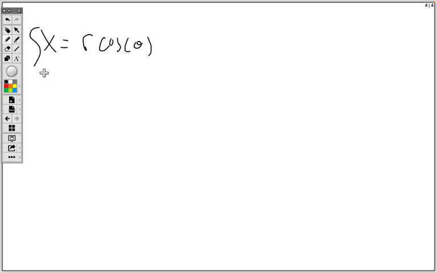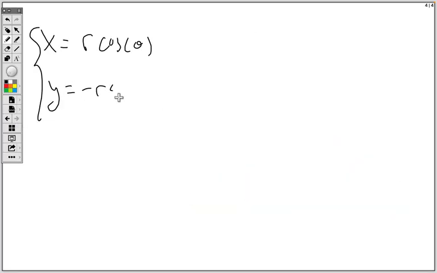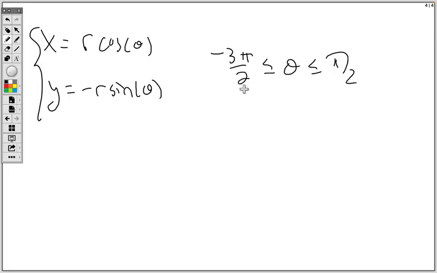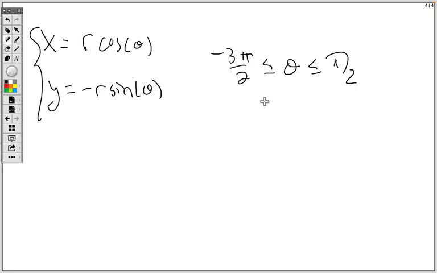So I'll just write it again here. So this does the job, right? This has a clockwise rotation starting at the bottom here, but we might want to shift things so things start at 0. This is where we can introduce that time delay that we did in the last example. We need to delay things by 3 pi over 2.